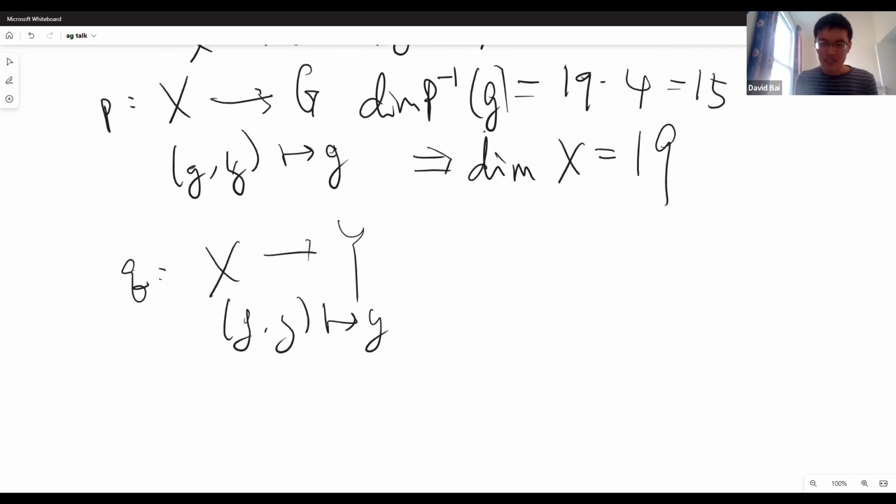So this can't be constant. So this has to be surjective by our second heuristic. And if it's surjective, then what does it mean? It means that every cubic form has a pre-image (g, y), but that just means that g contains y. So it means that every cubic form has a line on it.